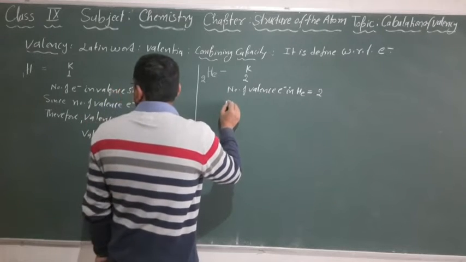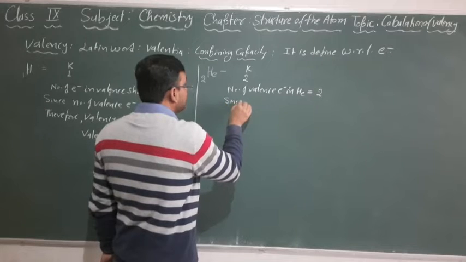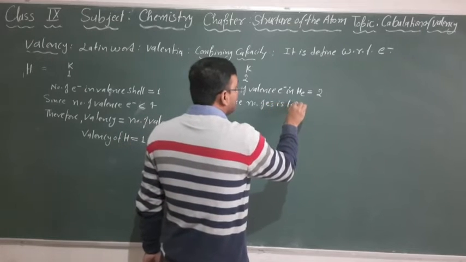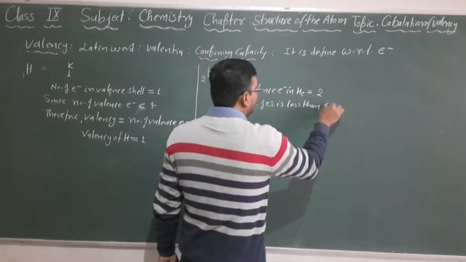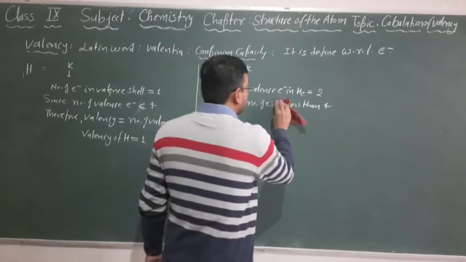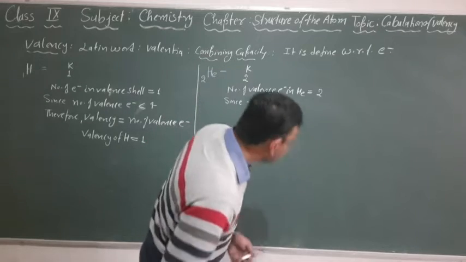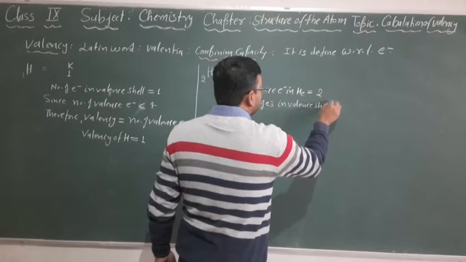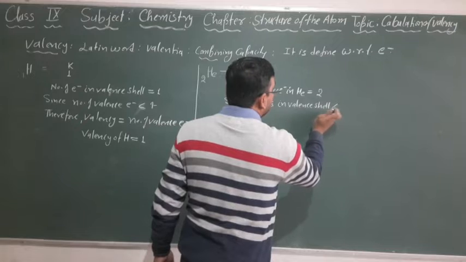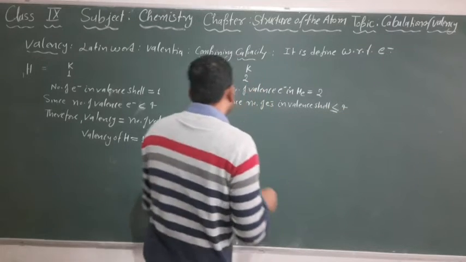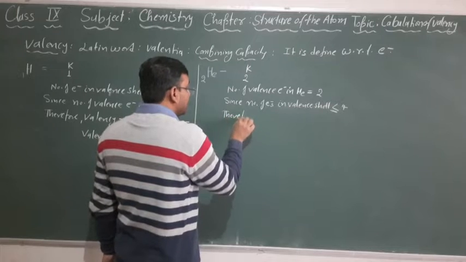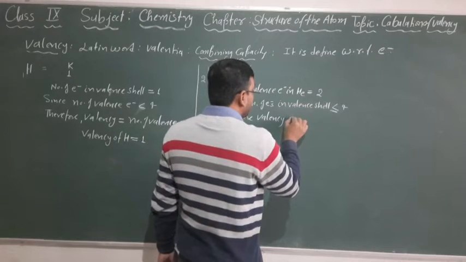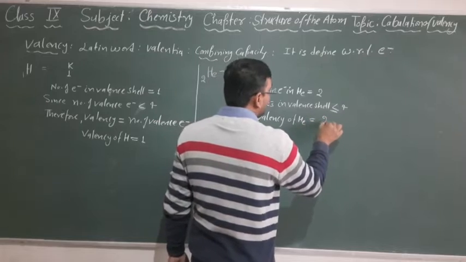Since the number of electrons in the valence shell is less than 4, case first, therefore valency of helium is equal to 2.